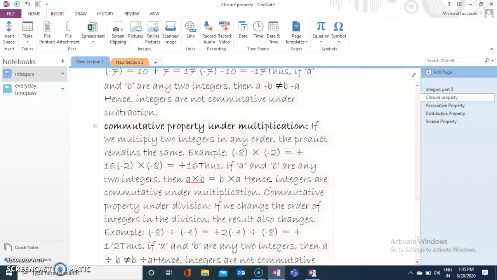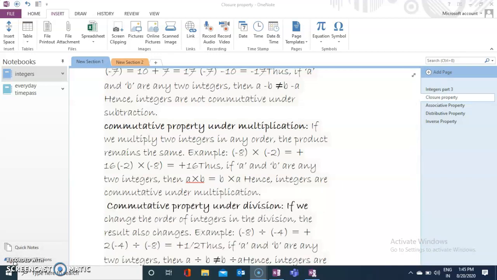If we multiply any two integers, so when we multiply two integers in any order, the product remains the same. Like 8 into 2 is 16, and 2 into 8 is 16.